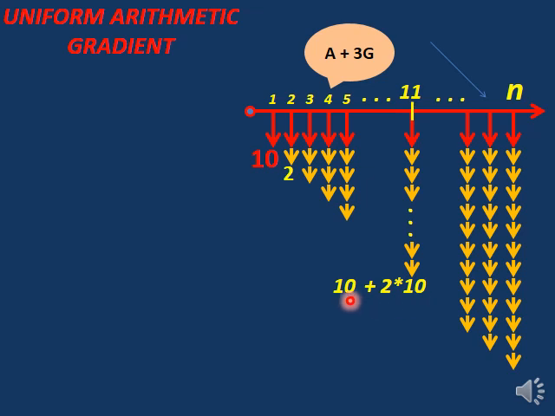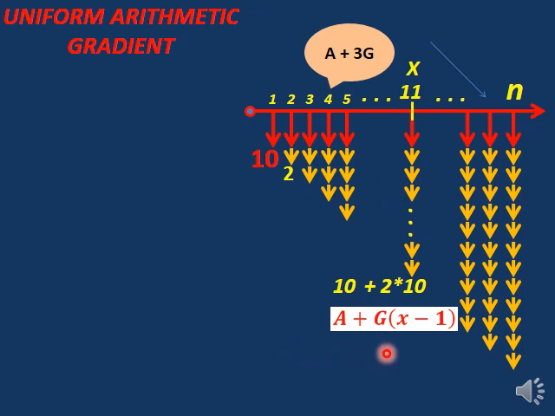So we'll have 10,000 plus 2,000 times 10. In general, if this period is year X, then our cash flow at that time will be equal to A plus G times the number of G, which is 1 less than the number of the period.